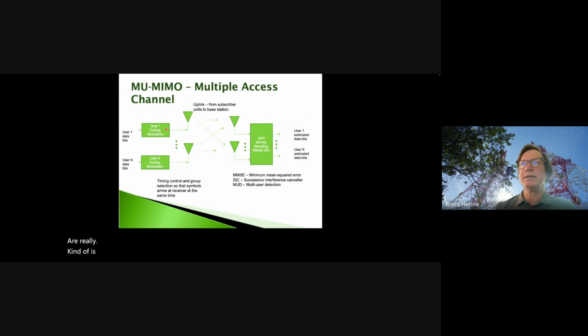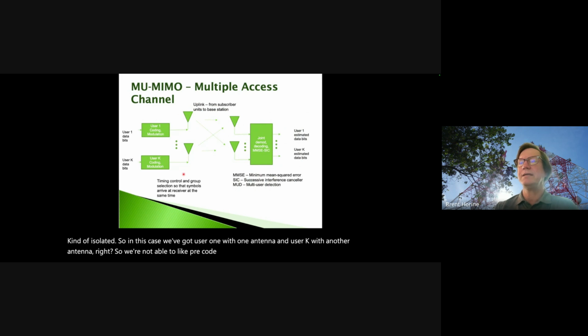So in this case, we've got user one with one antenna and user K with another antenna, right? So we're not able to pre-code these guys here in the same way as we did in the single user case. User one just has his or her data, and that's all they can send, right? So they're just going to send their data. User K, user two, user three, they're all going to just send their data.